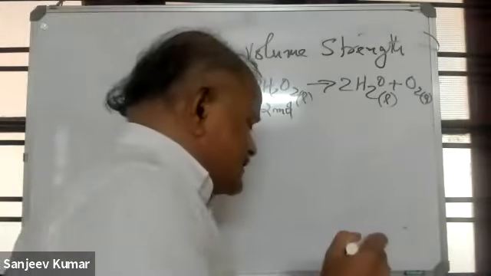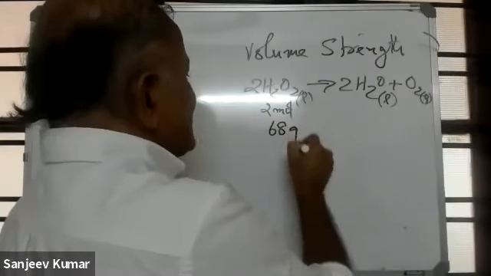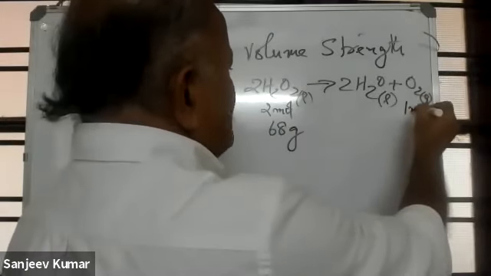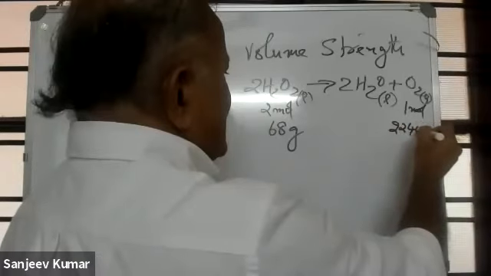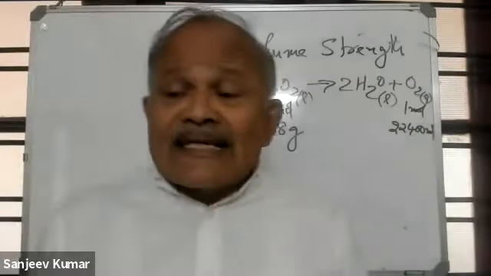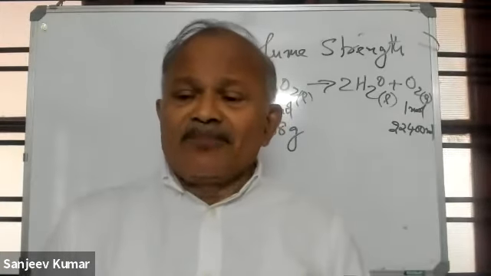The molecular mass is 34, so 2 moles of hydrogen peroxide means 68 gram hydrogen peroxide. On decomposition it gives 1 mole of oxygen at STP, that is 22,400 ml of oxygen at STP. 1 mole of any gas at STP occupies 22,400 ml.